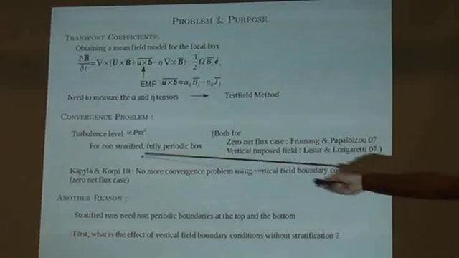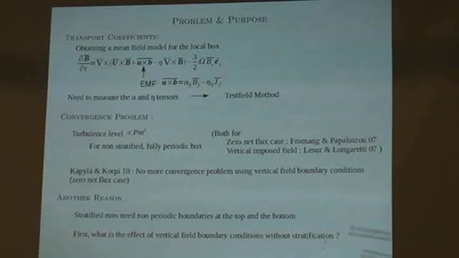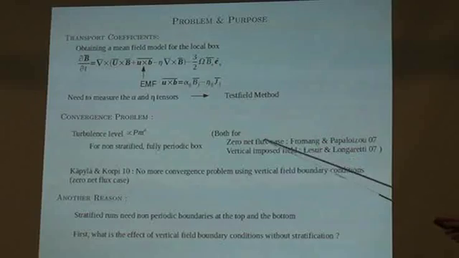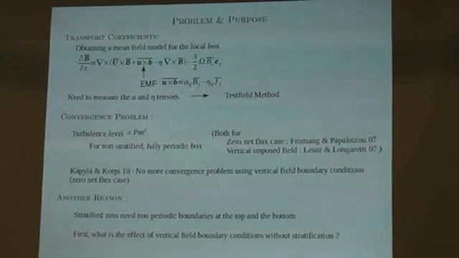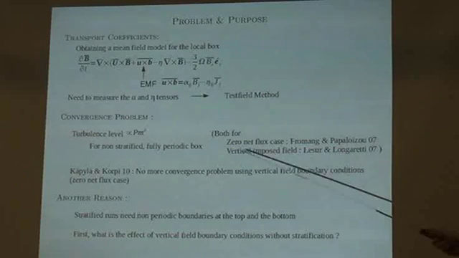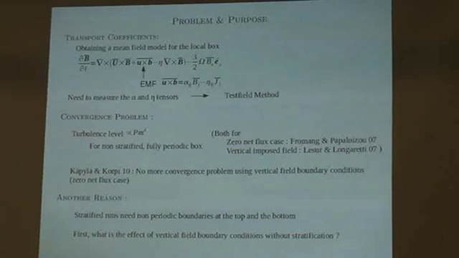This is for a non-stratified and fully periodic box. It was found both in the case of zero net flux, which means without magnetic net flux across horizontal surfaces, but also with vertical imposed field, which is what I am using.